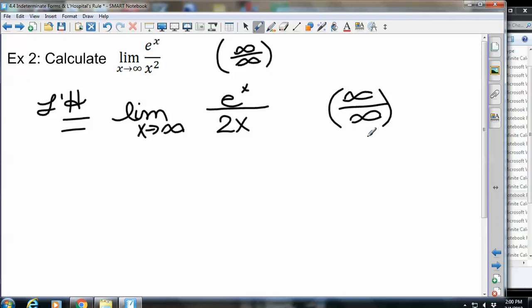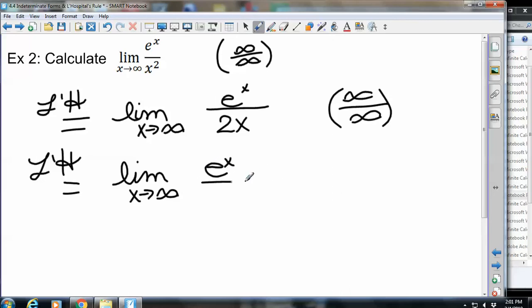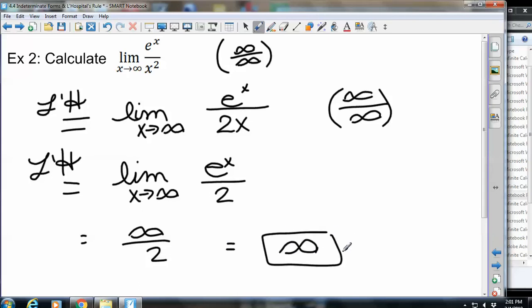This is still infinity over infinity. What do you think we need to do? We're going to do L'Hopital's again. Do the derivatives again. Derivative of e to the x, still e to the x, but the derivative of 2x is 2. So now we get infinity over 2, which is infinity.